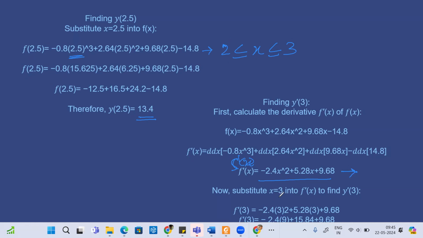And we just substitute the value of x, since we have to find y dash of 3.